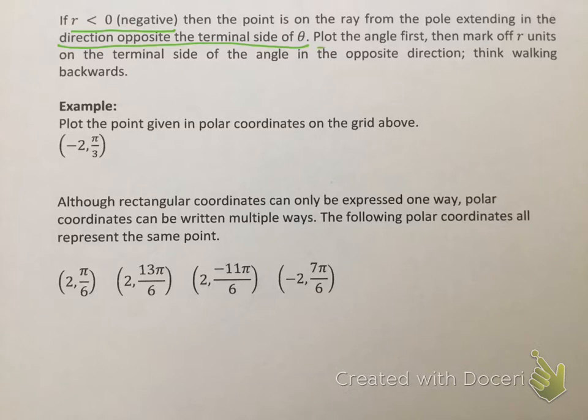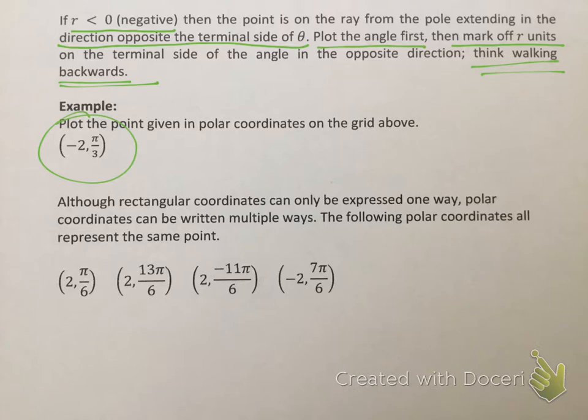You still want to plot your angle measure first. Then you're going to mark off your r units as if the angle measure was going in the opposite direction. And one of the things that helps me graph polar coordinates when r is negative is to think about walking backwards from the pole instead of forward on the terminal side of the angle.